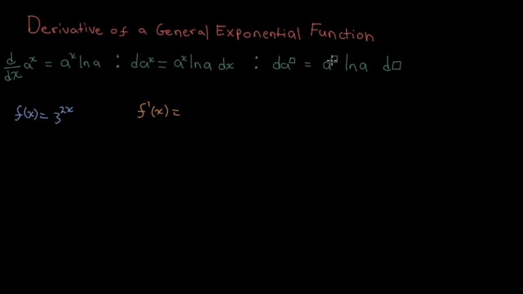So a to whatever the exponent is, so 3 to the power of 2x, times ln a, in this case a is 3, ln 3, times the derivative of the exponent. In this case the exponent is 2x, so times 2.